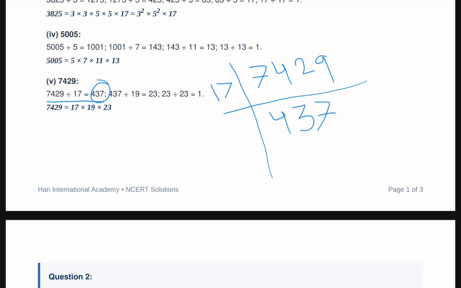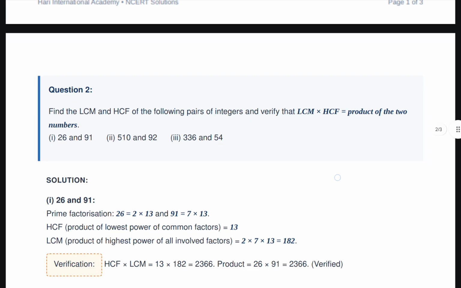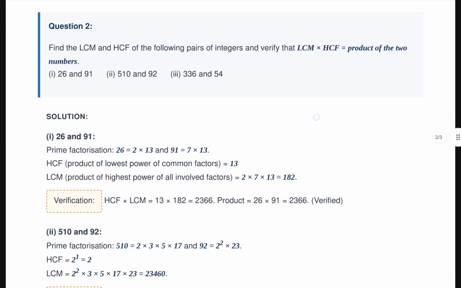Okay, and 437 will then be divided by 19, you will get 23, and after that 23 will only be divisible by 23. So you will get here the prime factors 17 into 19 into 23. Okay, so your prime factors will be 17 into 19 into 23. Now move on to the next question, which is question number 2.